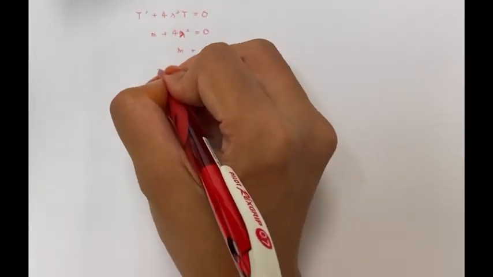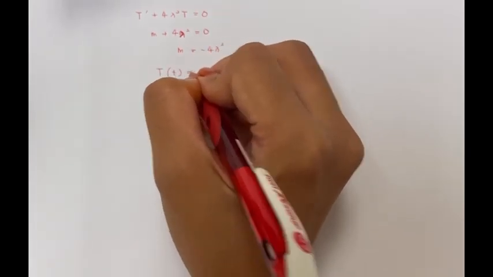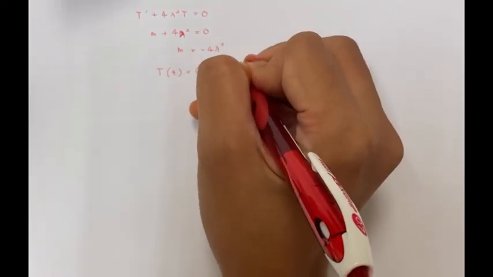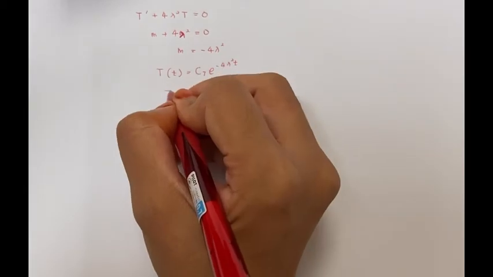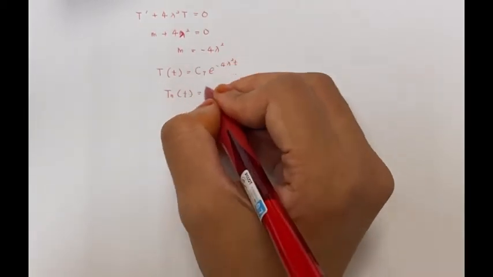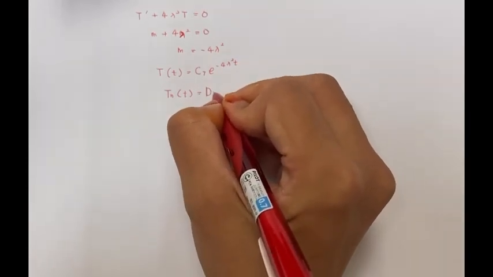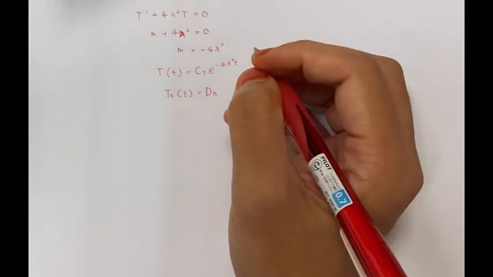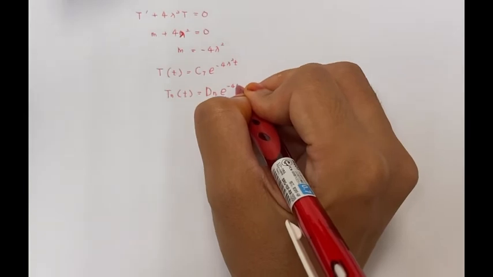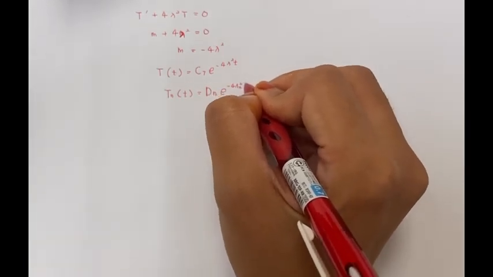General solution for t, time t equal to c7 exponent negative 4λ square t. And the general solution for t, change this c7 into dn. Okay, let's say it is dn, dn exponent negative 4λn square t.